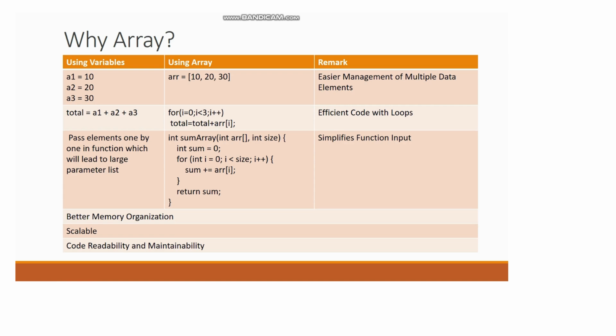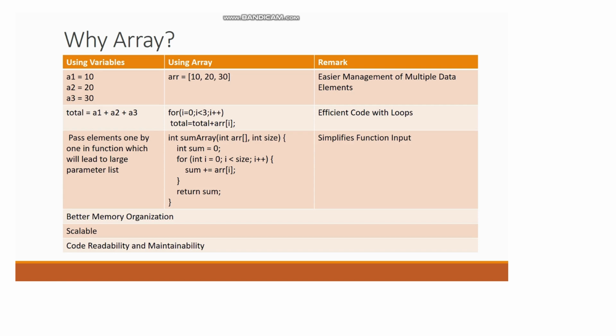Now in this case we have only three variables. But what if I want to store the roll numbers of the students? Approximately every class has either 50 or 60 students. So it will become very hectic to declare 50 different variables for 50 different students.